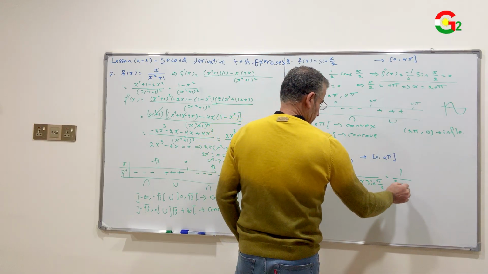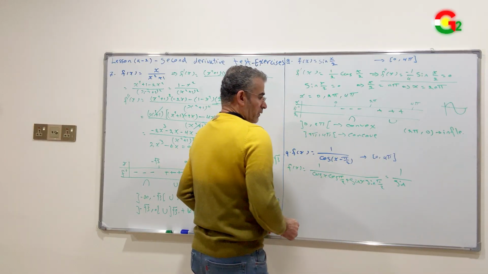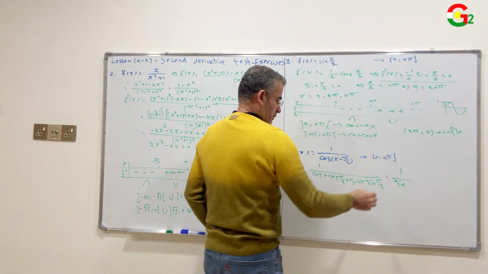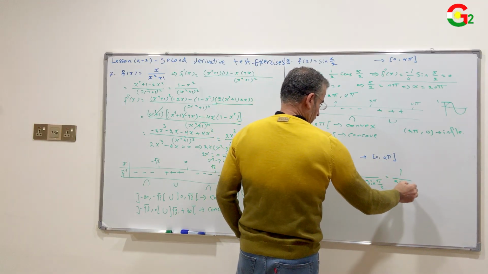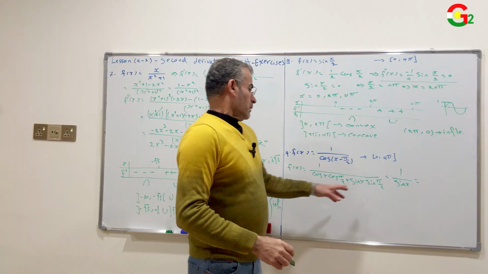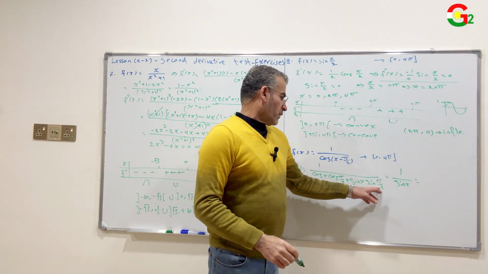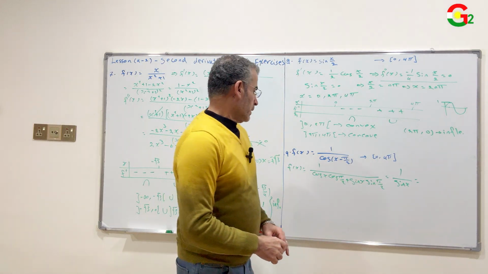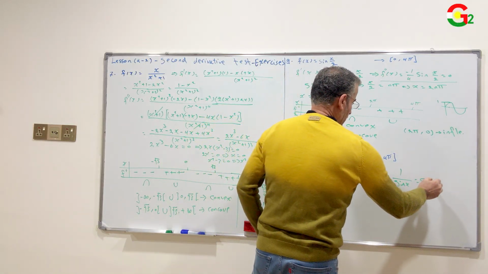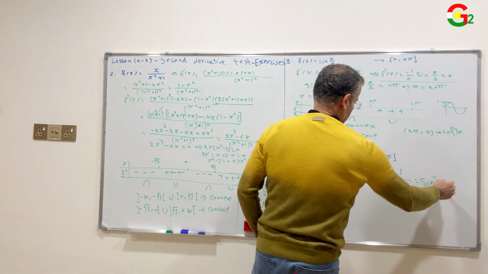Sine x, sine pi over 2, it is 1. This is pi over 2. Sine pi over 2, it is 1. Then 1 times sine x equal to sine inverse x.